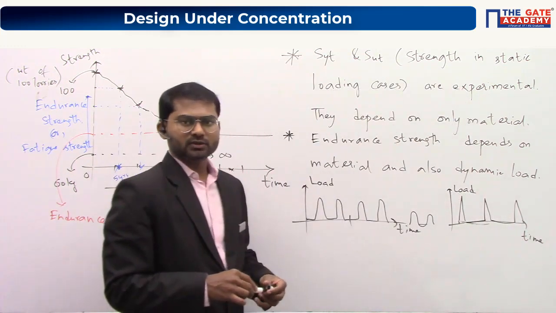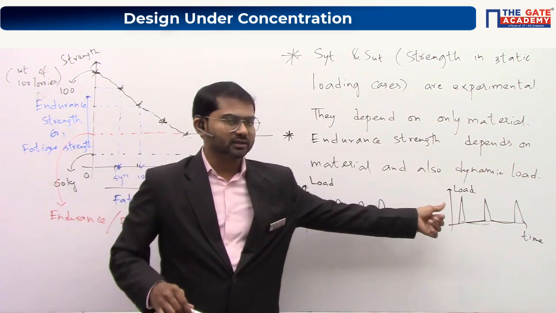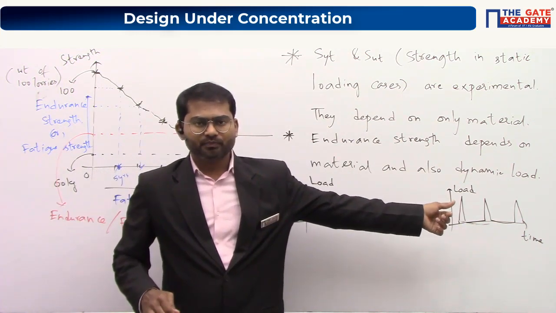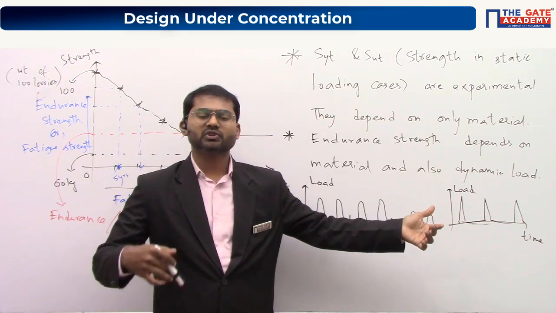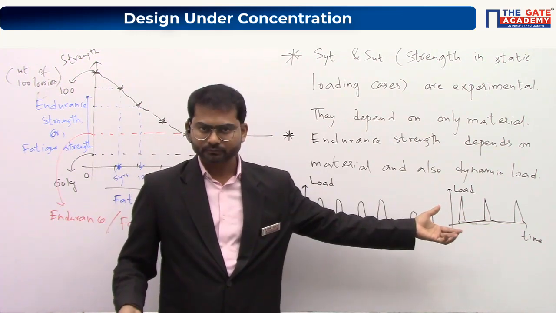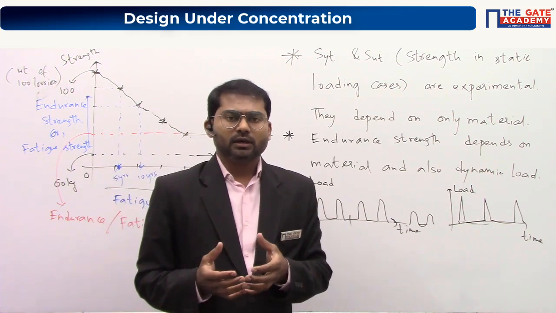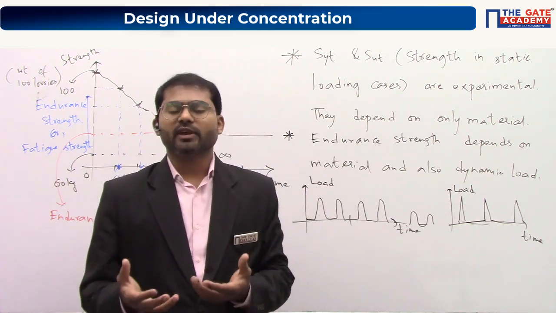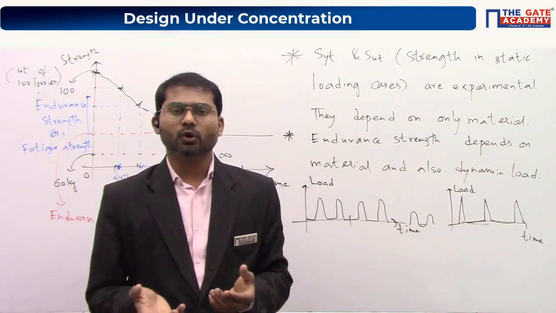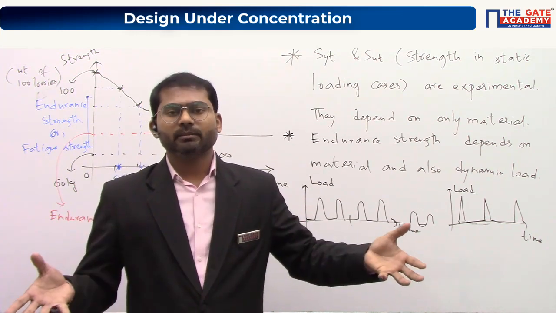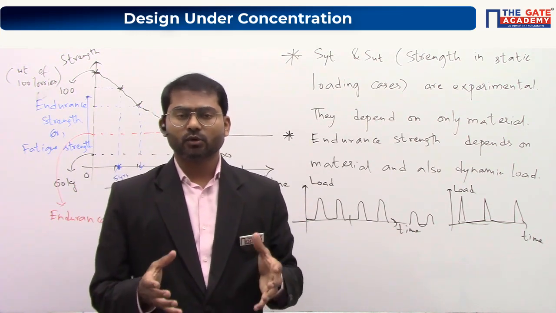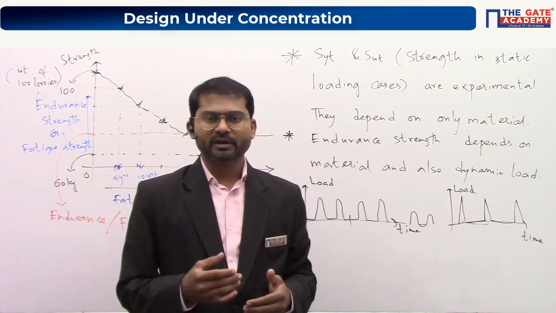You see there is some difference between this and that. It is completely random in nature. The way in which you are applying the load, the graph will come out. So every dynamic load is unique on its own. If they come out the same, it's completely coincidental. I hope everybody is understanding.